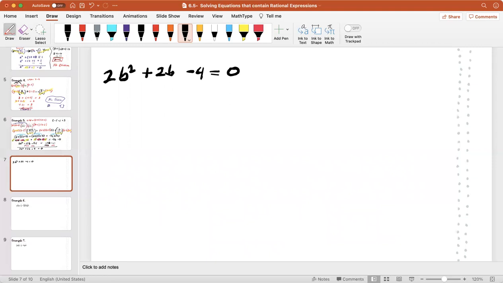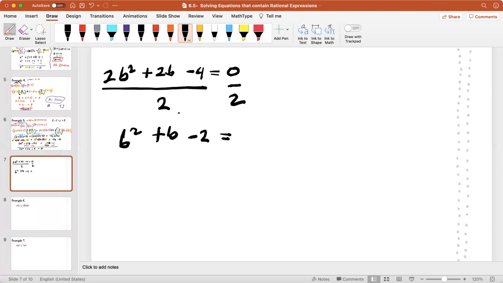Do you have a GCF for 2, 2, negative 4? Yes, what is it? 2. So we can simplify this, dividing both sides by 2. What's 2b squared divided by 2? That's simply b squared. 2b divided by 2, positive b. Negative 4 divided by 2, negative 2 equals 0 divided by 2, 0.